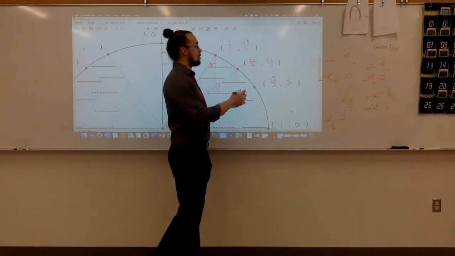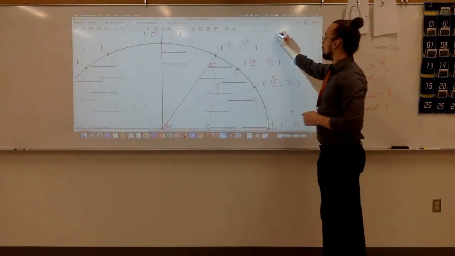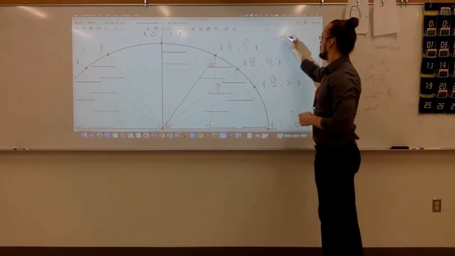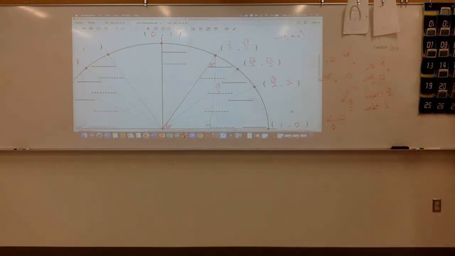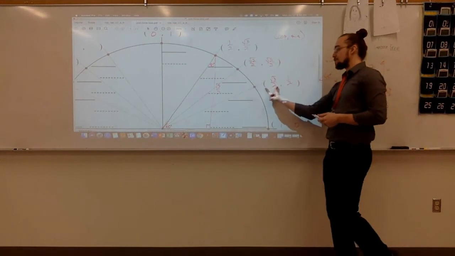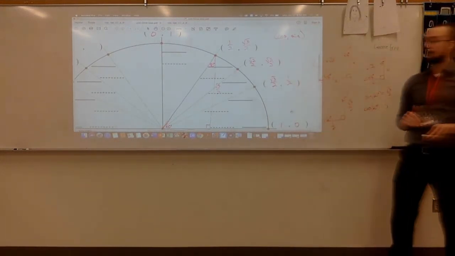On the unit circle, this is an important piece of the unit circle. Every single coordinate point, the x value gives me the cosine of that angle.